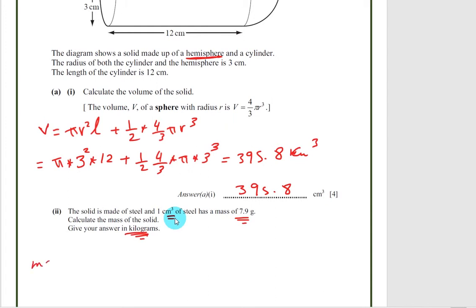So mass is equal to the total volume, which is 395.8 multiplied by 7.9 divided by 1000. Why divided by 1000? Because he needs the answer in kilogram.